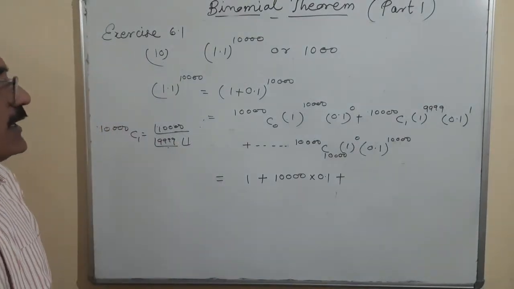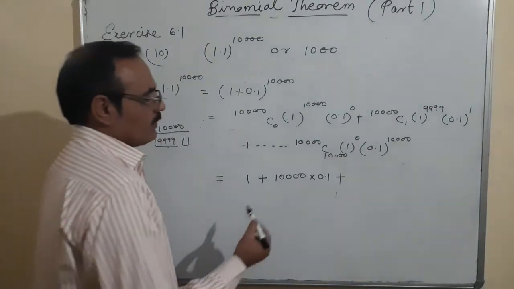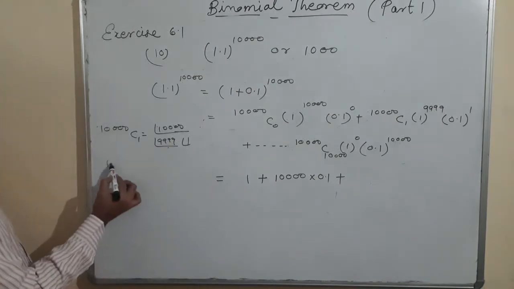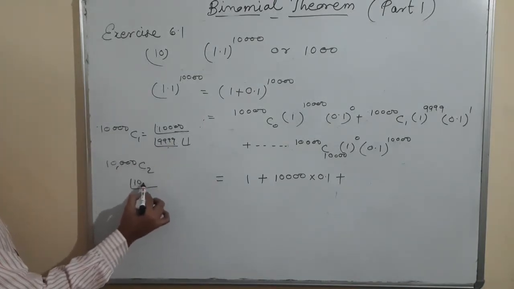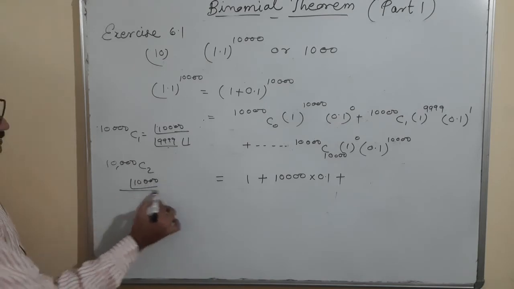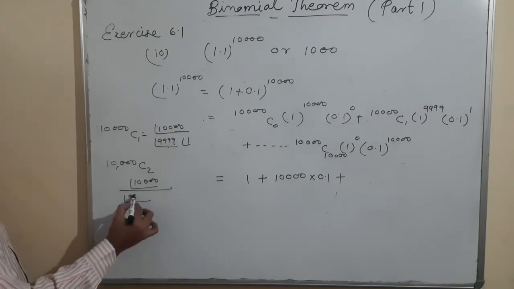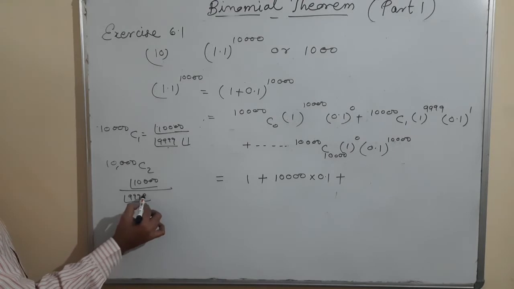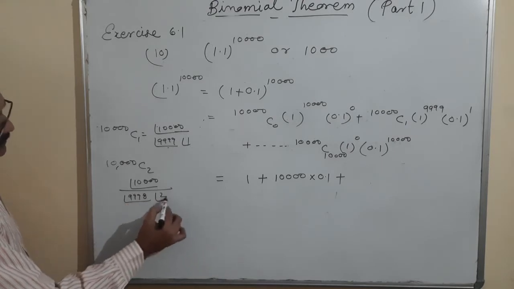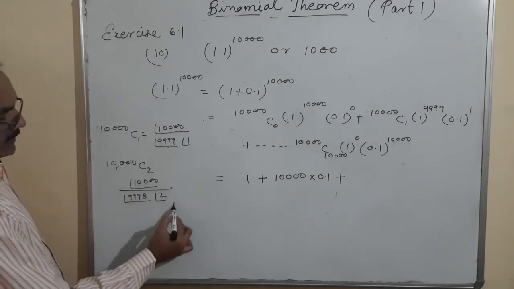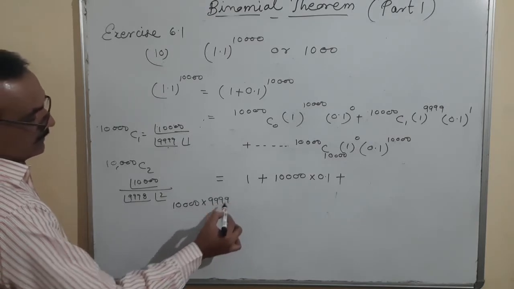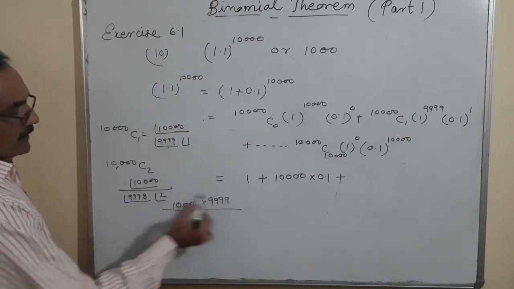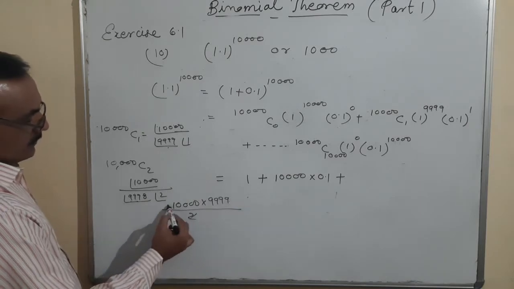Next is 10,000 C2. Factorial 10,000 upon factorial 9998 into factorial 2. So this is 10,000 multiplied by 9999, factorial 9998 will be cancelled, and next term is 2.